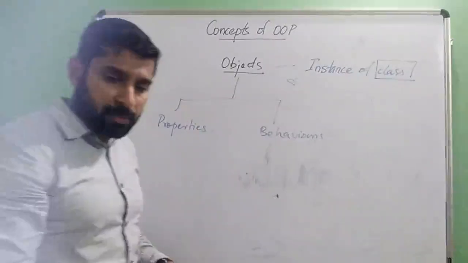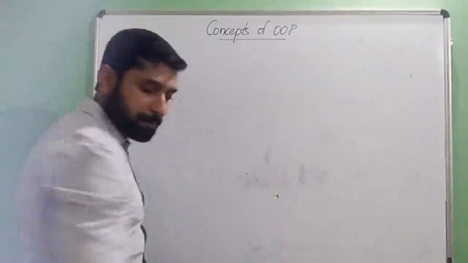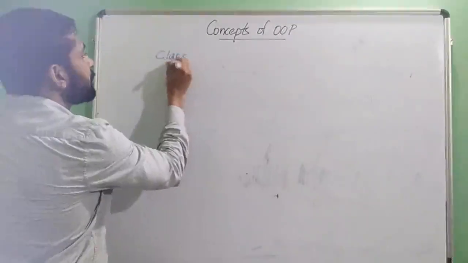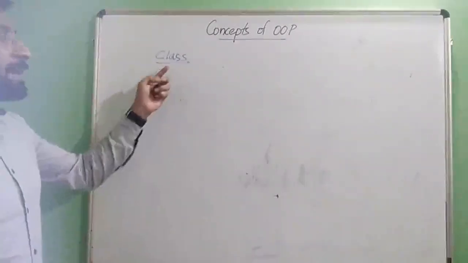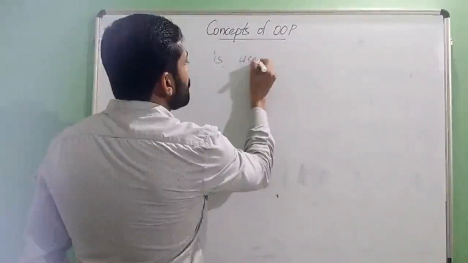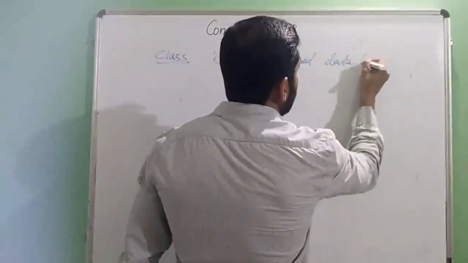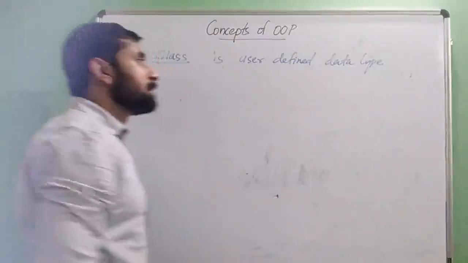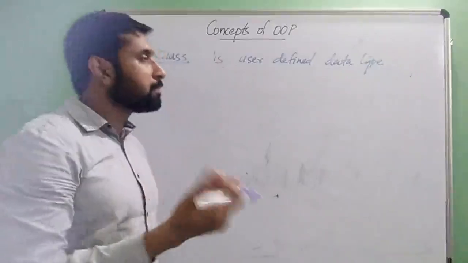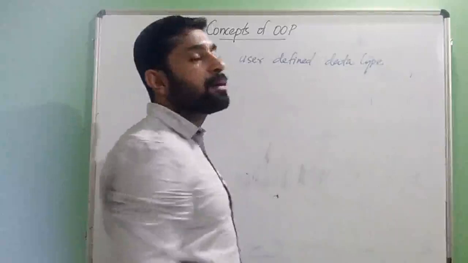Now, technically, in C++, a class is a user defined data type, similar to a structure, with some minute variations. A class is a user defined data type.